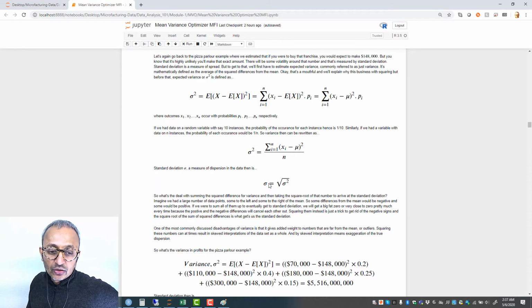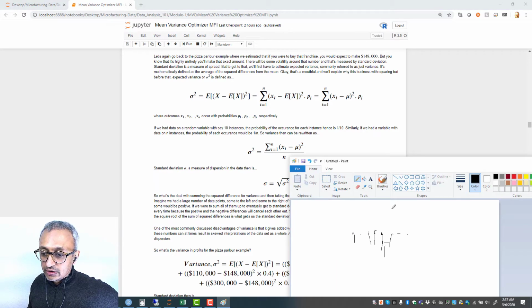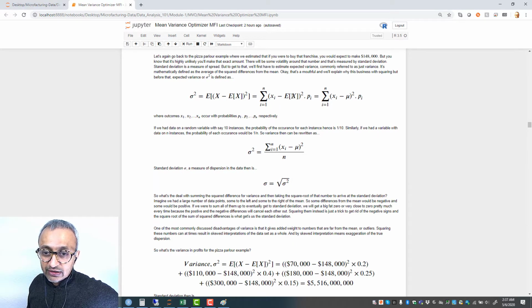Imagine we had a large number of data points, some to the left of this mean, some to the right of this mean. Since you are doing x minus the mean, some differences from that mean would be negative, and some would be positive.